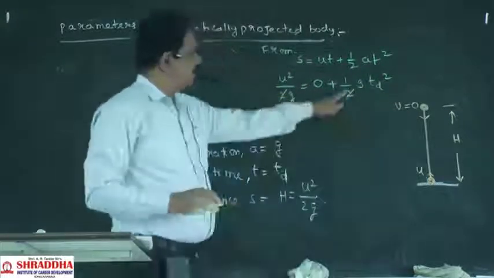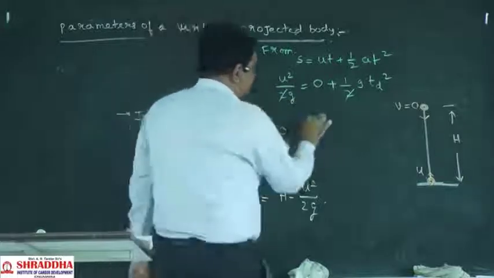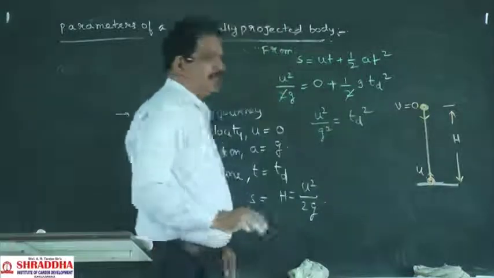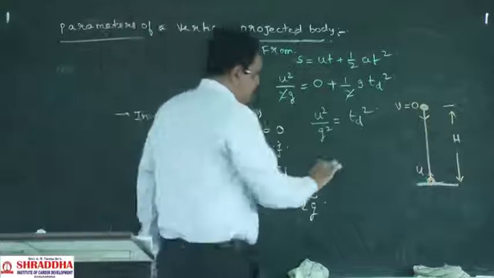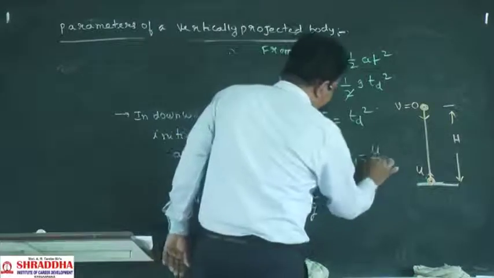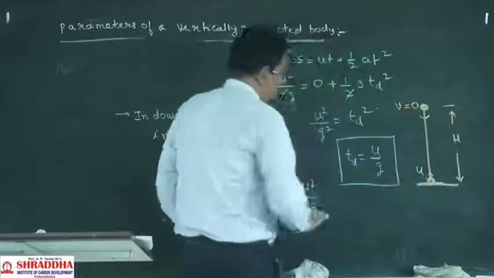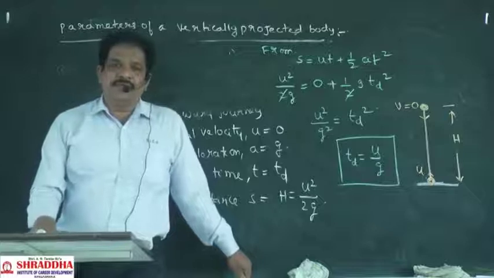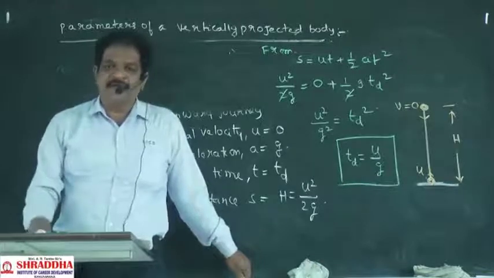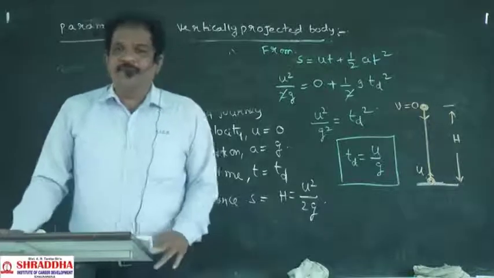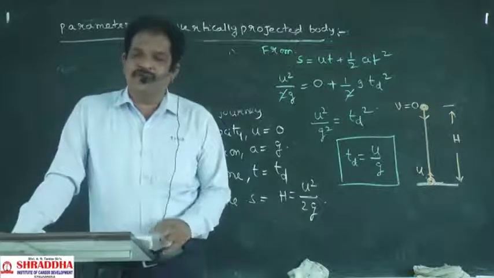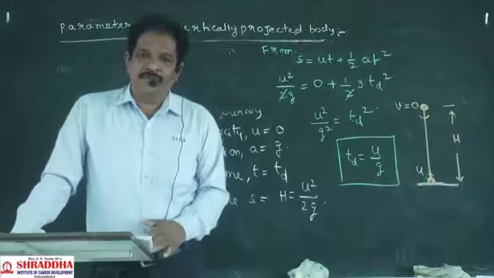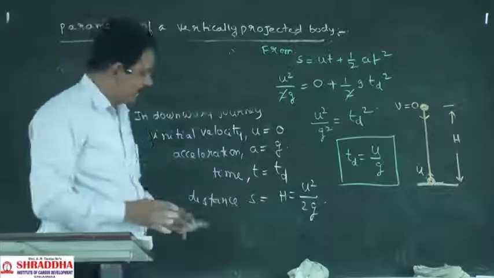The 2 will cancel, and this g will come here. u square by g square is equal to td square. From this, td is equal to u by g. So time of descent will be equal to u by g. Time of ascent, how much did we get already? u by g. Time of descent also, u by g. So we can say time of ascent is equal to time of descent. We'll continue in the next class.